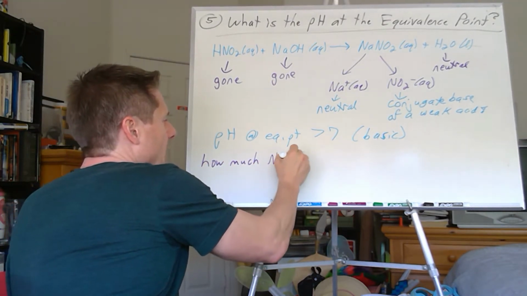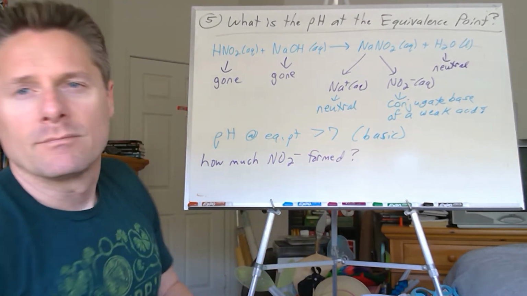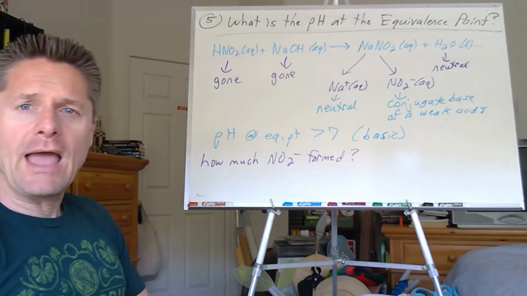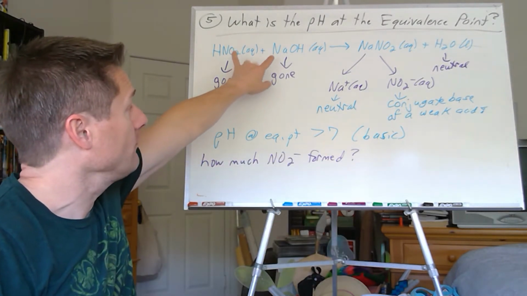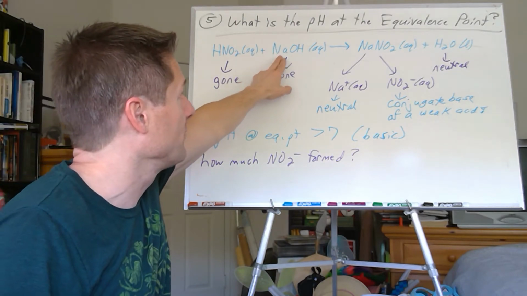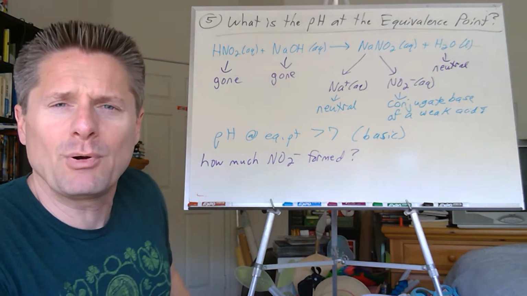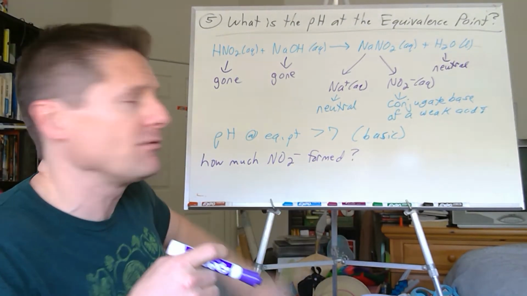So let's figure out how much NO2 minus formed using neutralization stoichiometry. They both run out at the same time, so the millimoles of this to start with is the millimoles of that formed, divided by the total volume. So pretty easy to get the concentration of the NO2 minus.